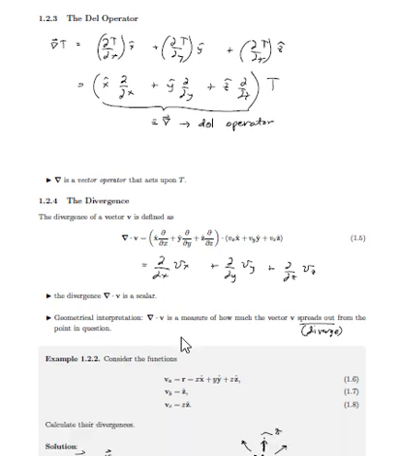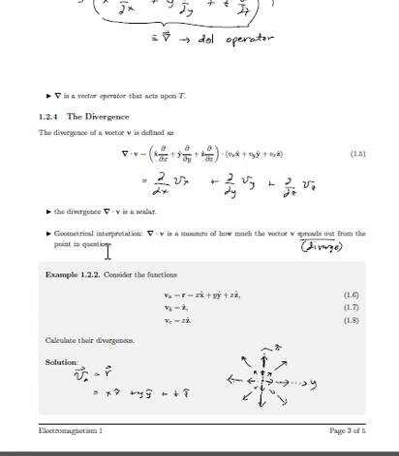Okay? So, geometrically, the interpretation of the divergence of V is a measure of how much the vector spreads out from the point in question.